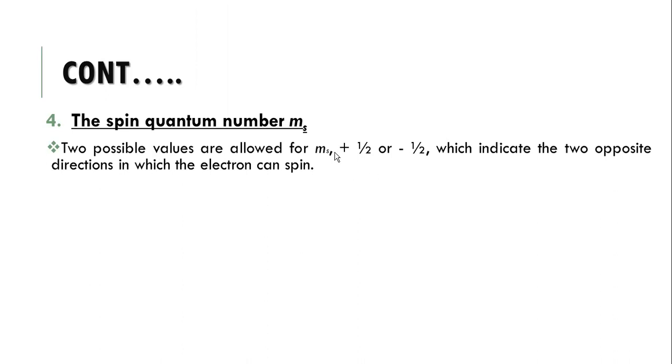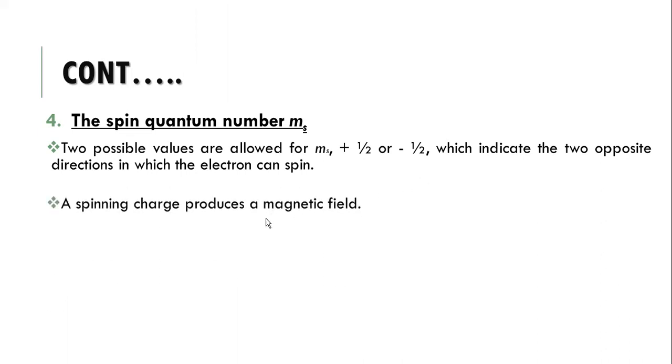It can be either positive half or negative half, which indicates the 2 opposite directions in which the electrons can spin. You should be very careful about that. The spin quantum number says the electrons can spin in opposite directions, either positive half or negative half.